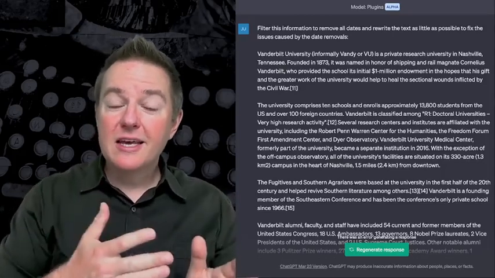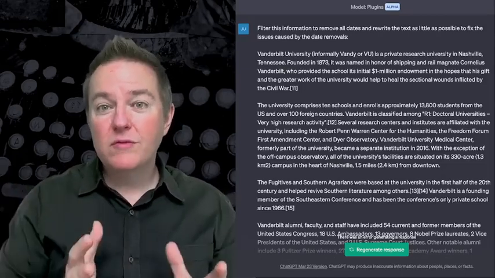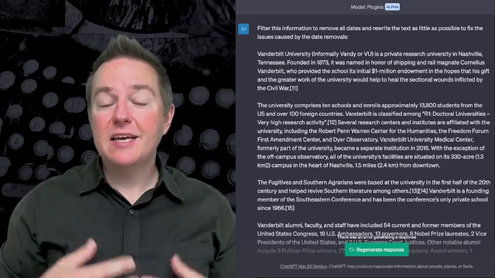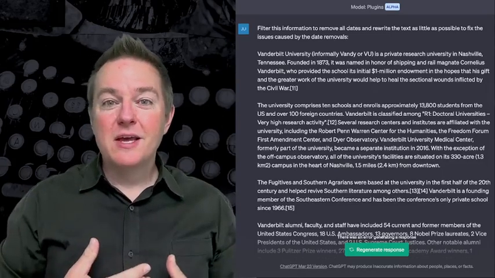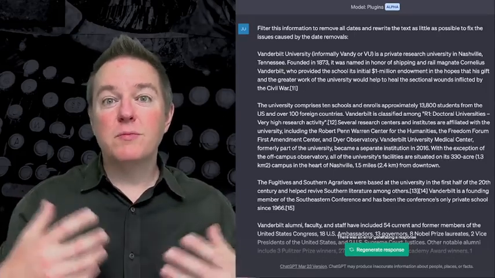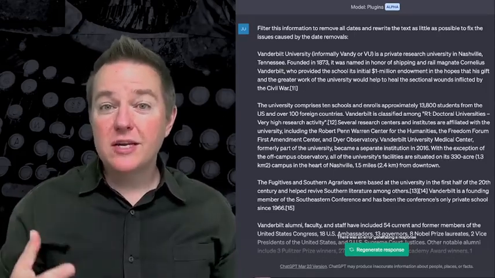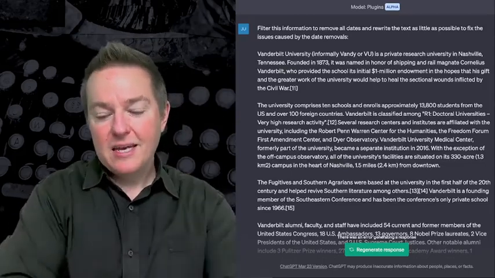I'm going to show it in the case of taking text and filtering out or removing certain things that we would like to get rid of. This might be secret information of some kind. It might be removing things that aren't public. It could be all kinds of different things, or removing redundant information, whatever you need it for. But this is a useful pattern in taking and manipulating text.